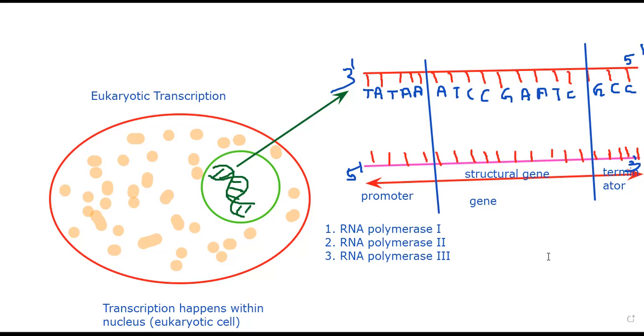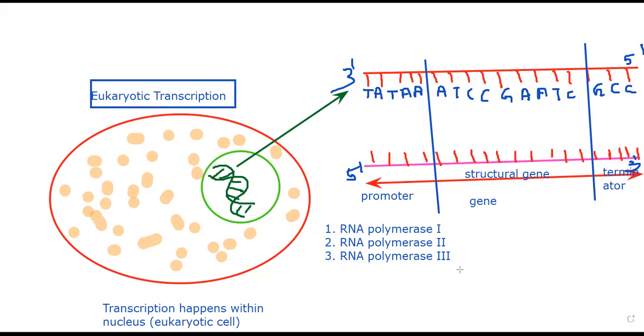In case of the prokaryotic cell, only one enzyme was there, RNA polymerase. And that was capable of making all the different types of RNAs: tRNA, mRNA, and rRNA. But in case of the eukaryotic transcription, this picture is somehow different.